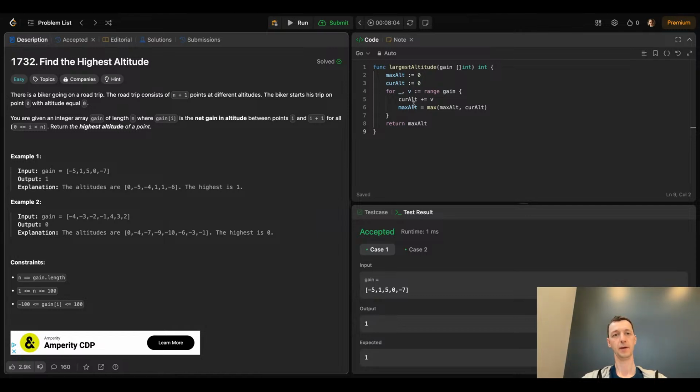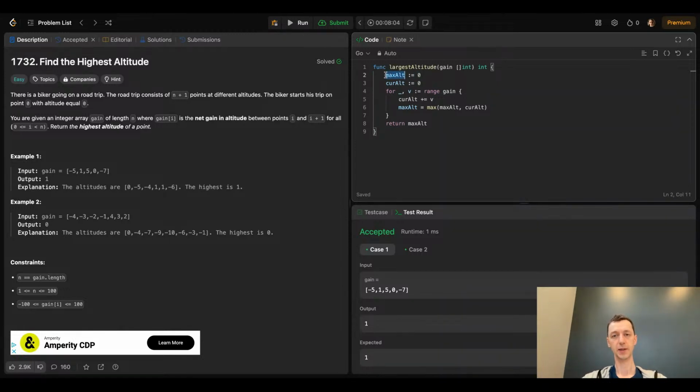In this problem, it's a nice little warm-up problem. What are we doing here? We are initializing the variable that will track the maximum altitude.